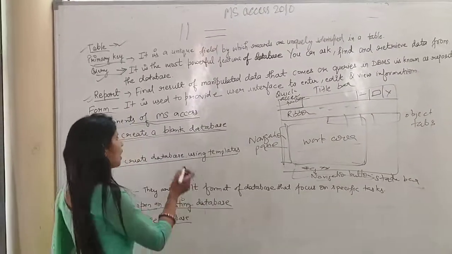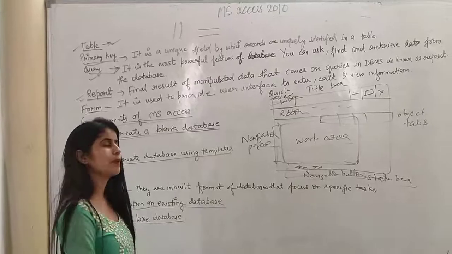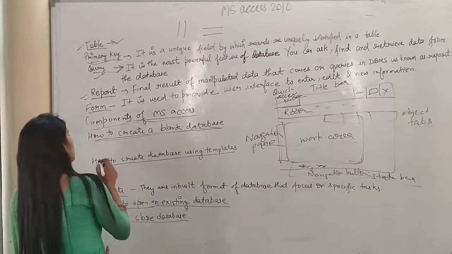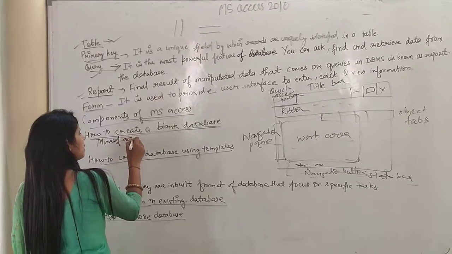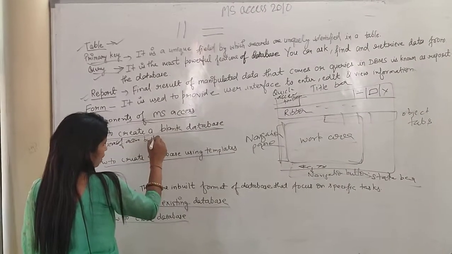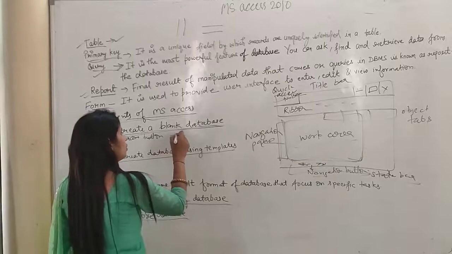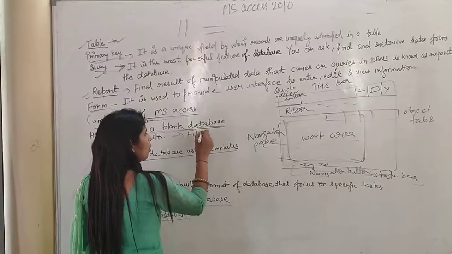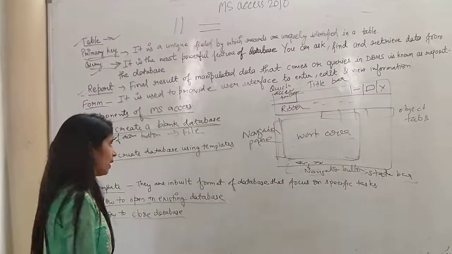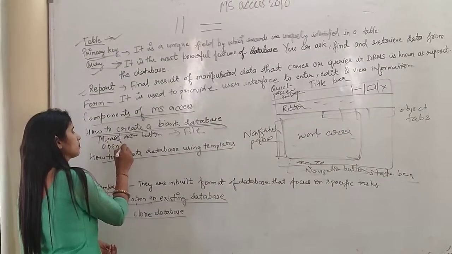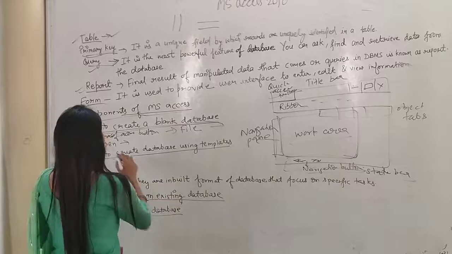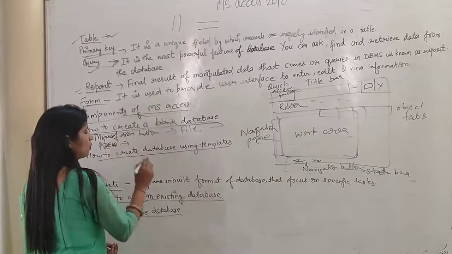First is blank. How are you able to create a blank database? For it, at first you click on the Microsoft Access button. Then after you will click on the option that is known as file. After it you will click on open. Then here new. Okay.